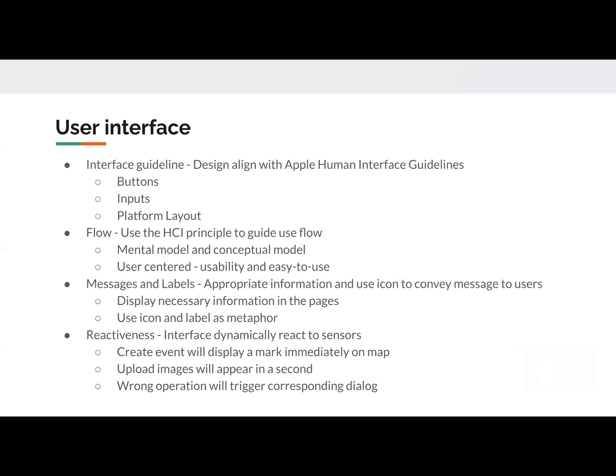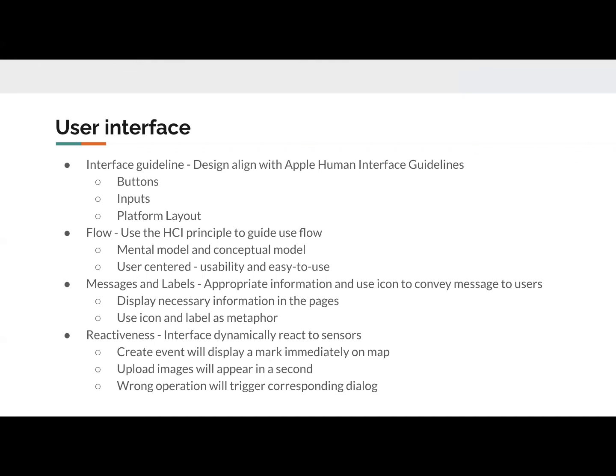We designed the app user interface components following the Apple Human Interface guidelines, such as buttons, input boxes, and the page layout. For the flow, we use HCI principles to design the user flow, considering the mental model and conceptual model. We use user-centered principles to achieve usability and ease of use. For messages and labels, we try to only display necessary and important information in the interface to avoid confusing users with redundant content, and use icons as metaphors to convey messages to users.